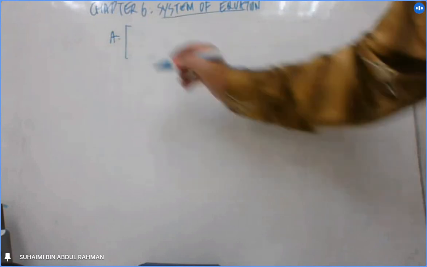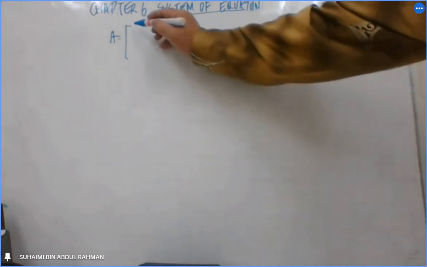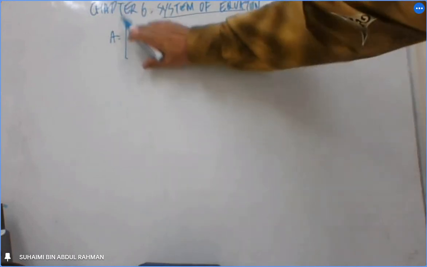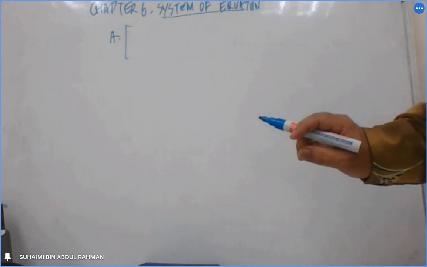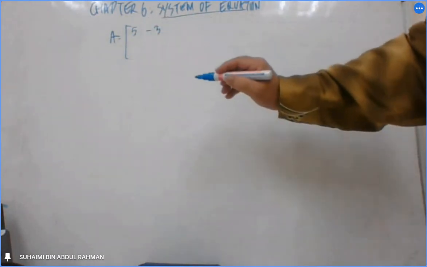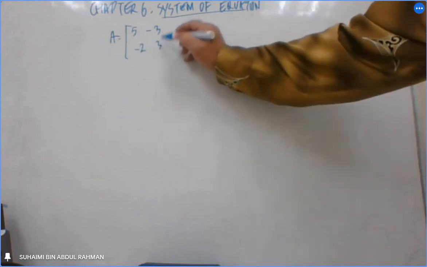Let's say matrix A is matrix 5, minus 3, minus 2, 3.